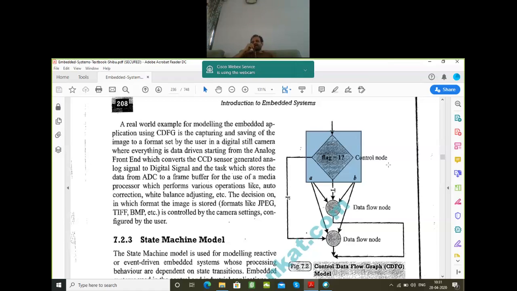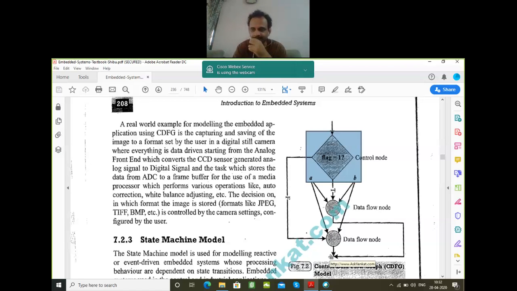If the flag is 1, then it is true, T. When the flag is equal to 1, true, add A and B and take it to the result.